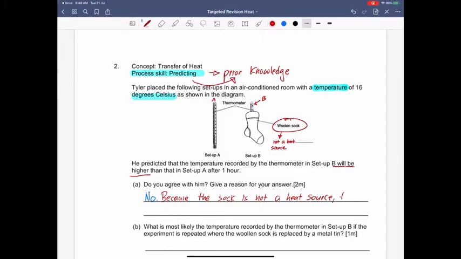Thus no heat, or rather, thus its temperature would not be higher than the thermometer in it.